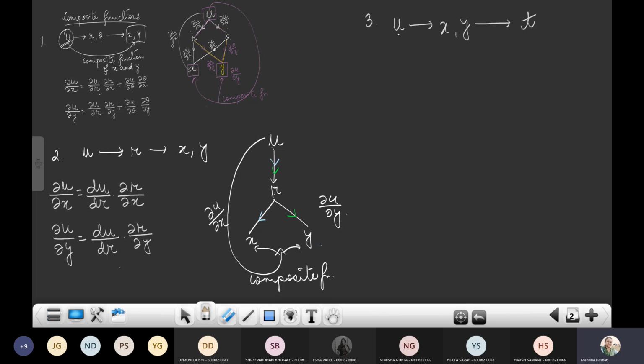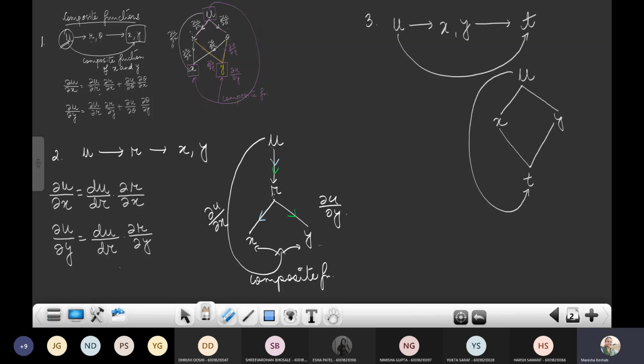So obviously here we can say that u is a composite function of t. Okay, one variable t. Now we have to draw the tree diagram to see what we will be getting here. So u is a function of x and y, and x and y are functions of t. So therefore, basically what we are finding is the derivative of u with respect to t.